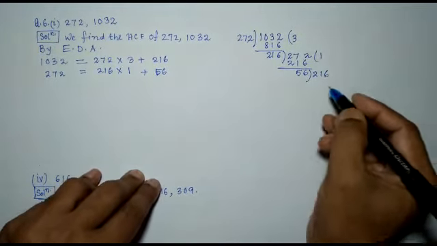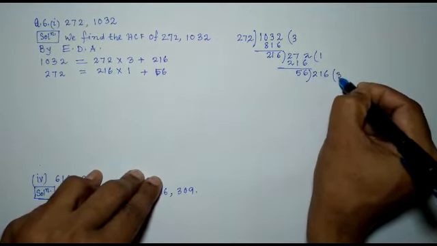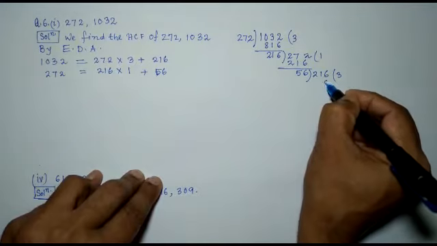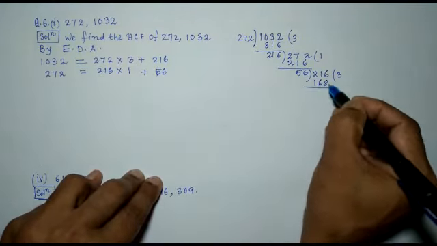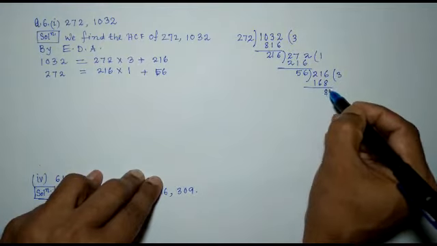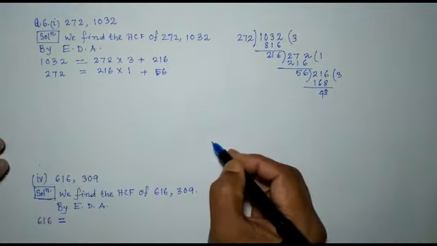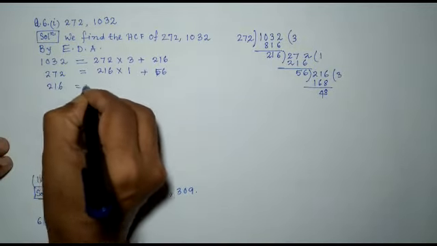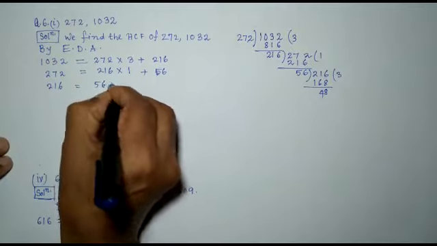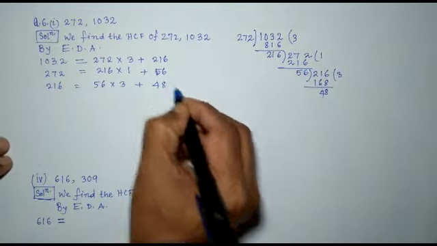So see how many times will go. It is only 3 times. So 3 into 6 is 18, carry 1, 3 into 5 is 15, plus 1 is 16. Subtracting, here is 8, then here is, I think it will be 4, 48. So write, for this division, 216 is equal to 56 into 3 plus the remainder is 48.